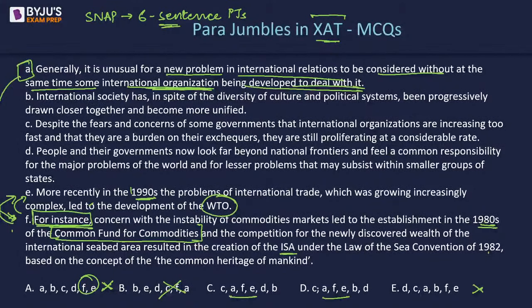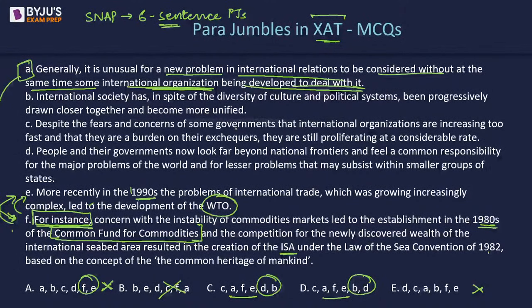So either C or D is the answer. Now tell me, should it be C? Should it be D? C or D? Should it be DB or should it be BD? It comes down to that. C is the opening sentence.